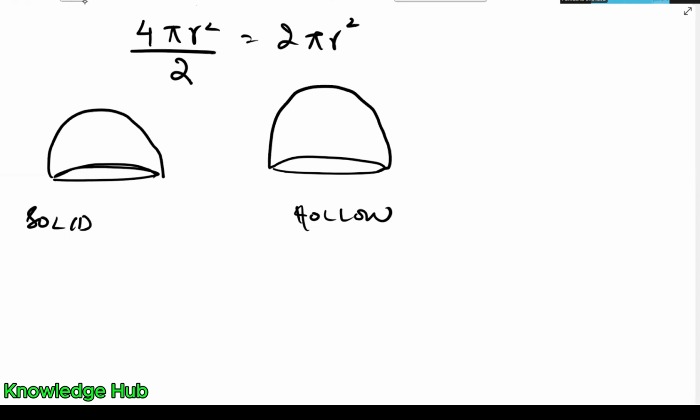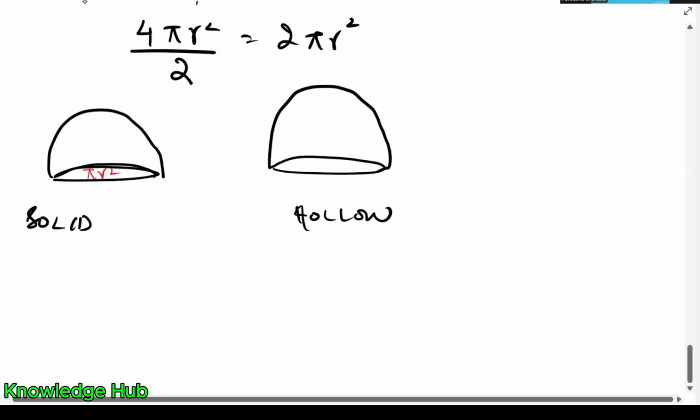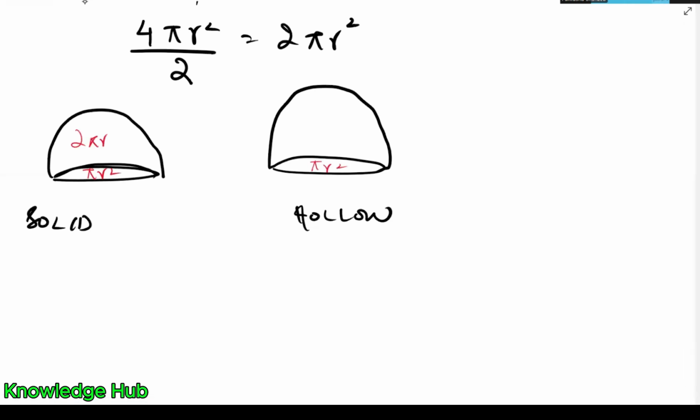This is pi r square, right? This is again pi r square, and this is 2 pi r square, and it is half of a sphere. So for this solid, the surface area is 2 pi r square plus pi r square. This is a solid hemisphere.